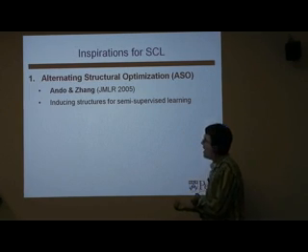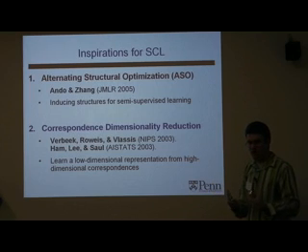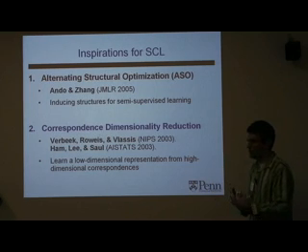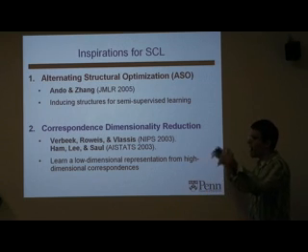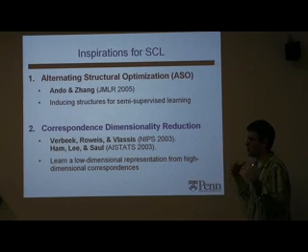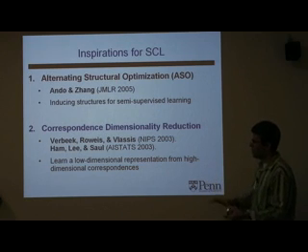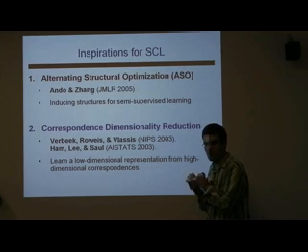And the second is, for those of you who know dimensionality reduction, this area of correspondence dimensionality reduction. The idea there is that you have some high-dimensional representations of a single low-dimensional manifold, and you want to learn a manifold that respects these high-dimensional correspondences.